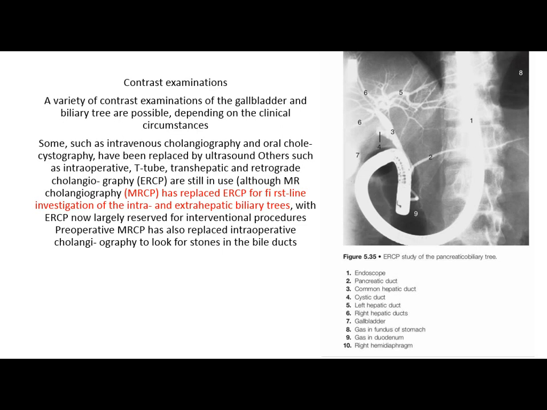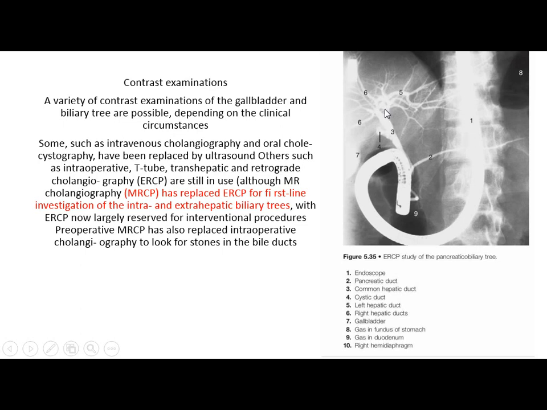Contrast examination: a variety of contrast examinations such as intravenous cholangiography and oral cholangiocystography have been replaced by ultrasound. Others, such as MRCP, have replaced ERCP as the first line investigation of the intra and extrabiliary tree. This is the ERCP: this is the endoscope which enters the duodenum and this is the pancreatic duct.